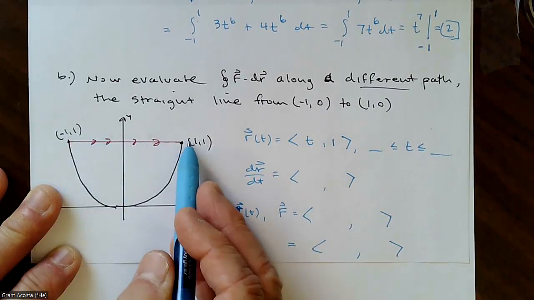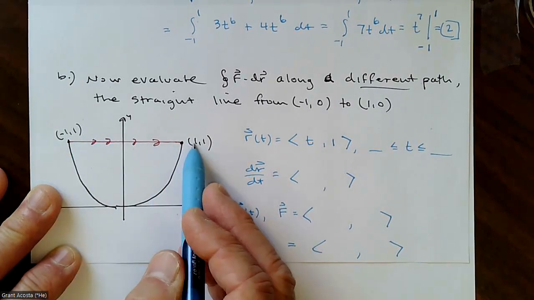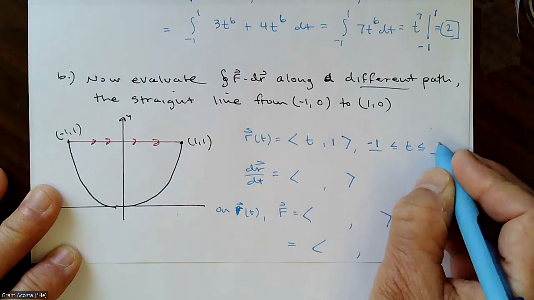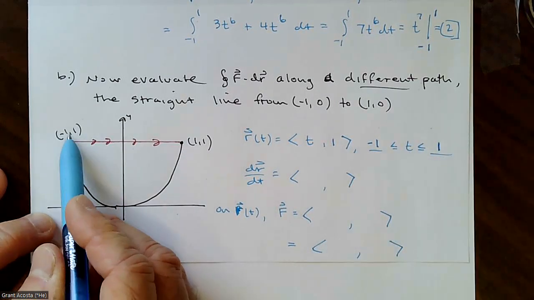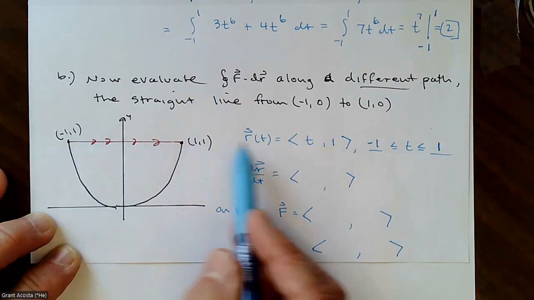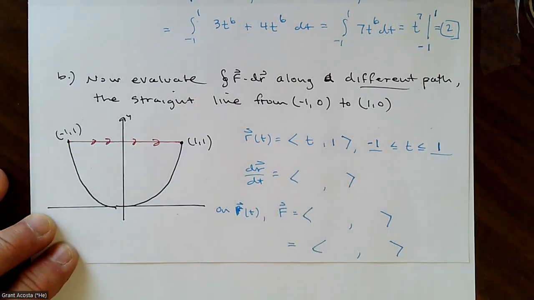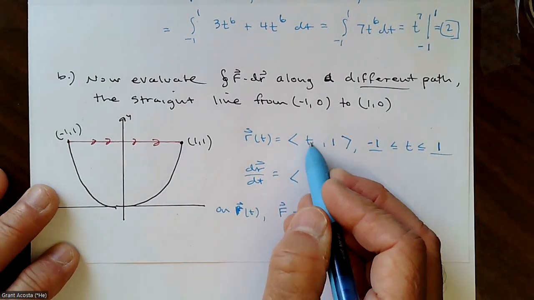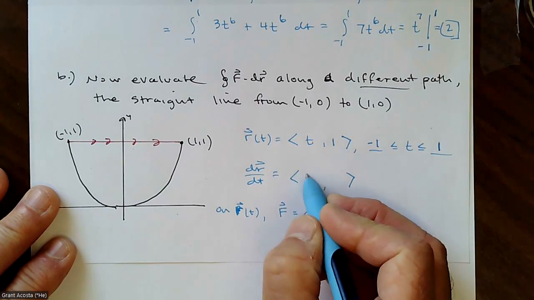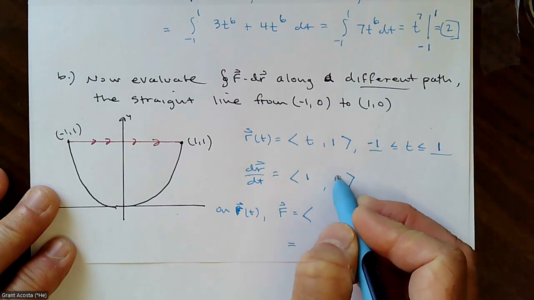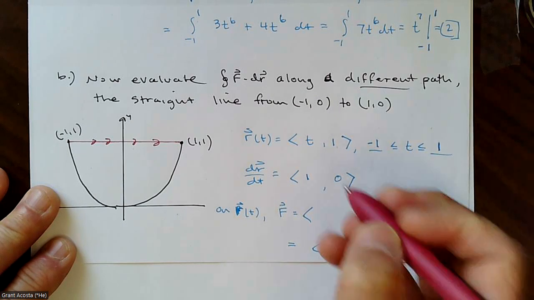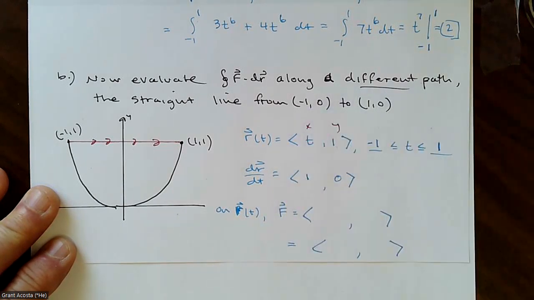And if x is t, then once again, I could just have t go from -1 to 1. There's other ways to do it. You could parameterize this from 0 to 1, and you'd have a different formula, but it should still give you the same answer. With this parameterization, dr/dt is going to be (1, 0) when I take the partial derivative. This is x, this is y.